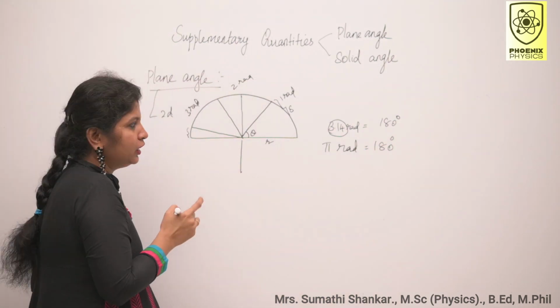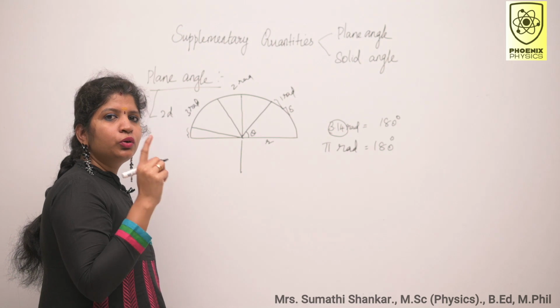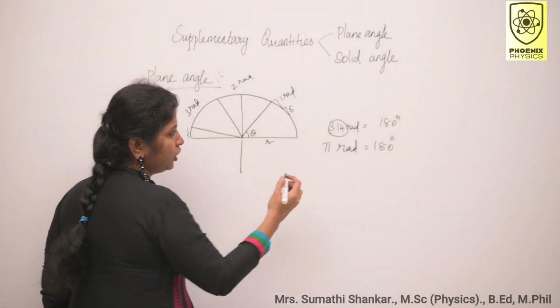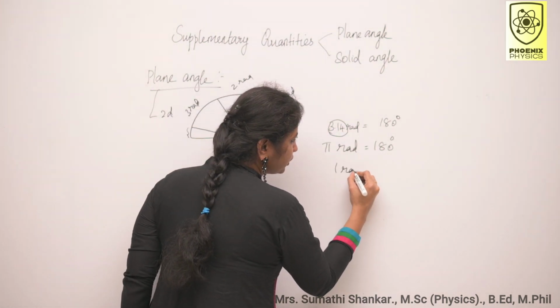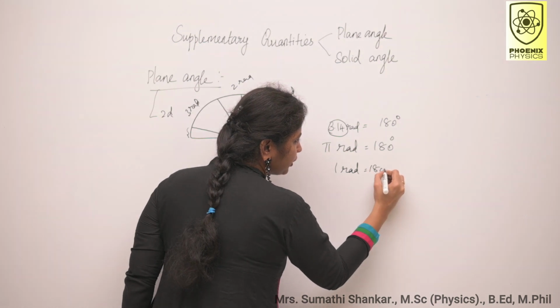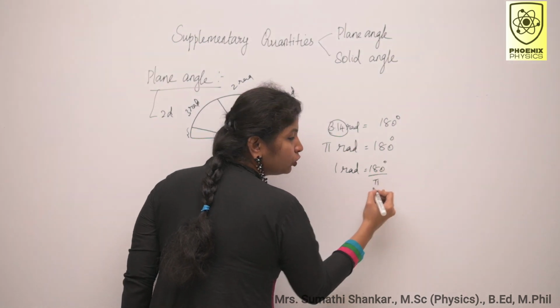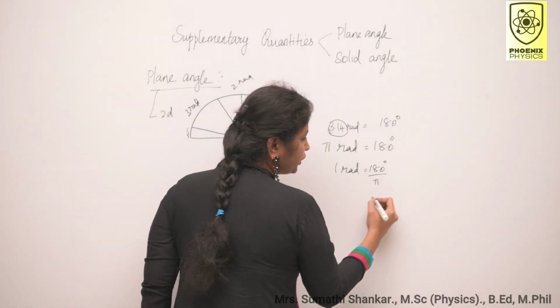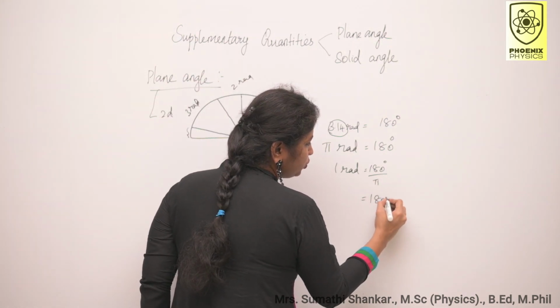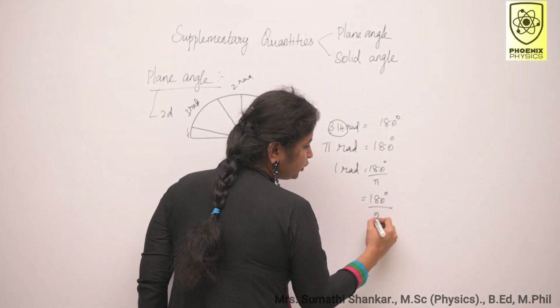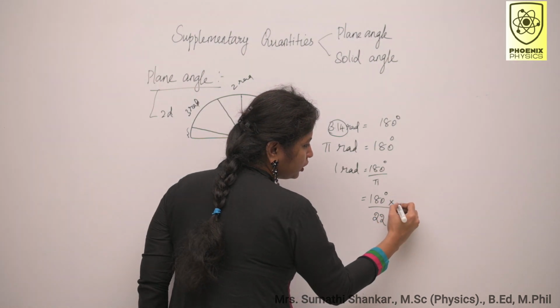Up to this clear? Now I want to find out 1 radian. So 1 radian means 180 degrees by pi. You know the value for pi. Pi is 22 by 7. Substitute the value 22 by 7 into 180 degrees.